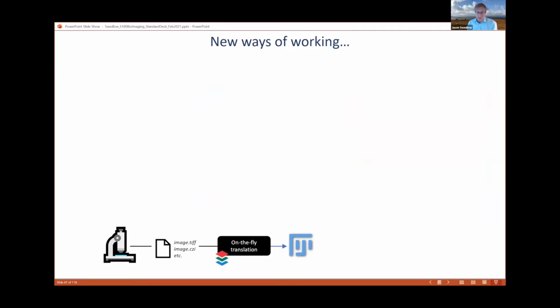So what we see happening, in this diagram, you sort of see, I think, what the current state of the art is. And so you have a microscope writing out formats and data in whatever formats, and we use Bio-Formats as this on-the-fly translator, for example, from Fiji or many others. But what we think is emerging is a one-time conversion, for example, to a Zarr file.